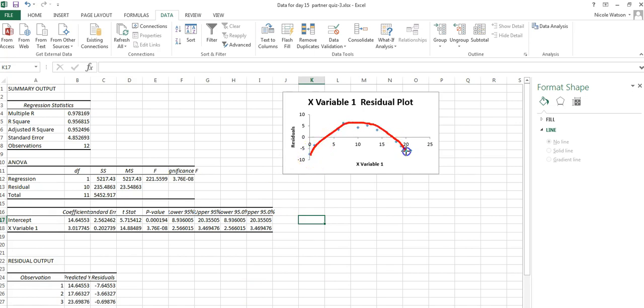It kind of looks like there's a pattern going on, doesn't it? So I want you to take a moment and stop and just think about that for a second. Okay, so look at this residual plot right here, what's going on. It looks like there's a pattern. And do we want a pattern for our residual plots? No, we don't want a pattern, okay? So this is not a good model, okay?